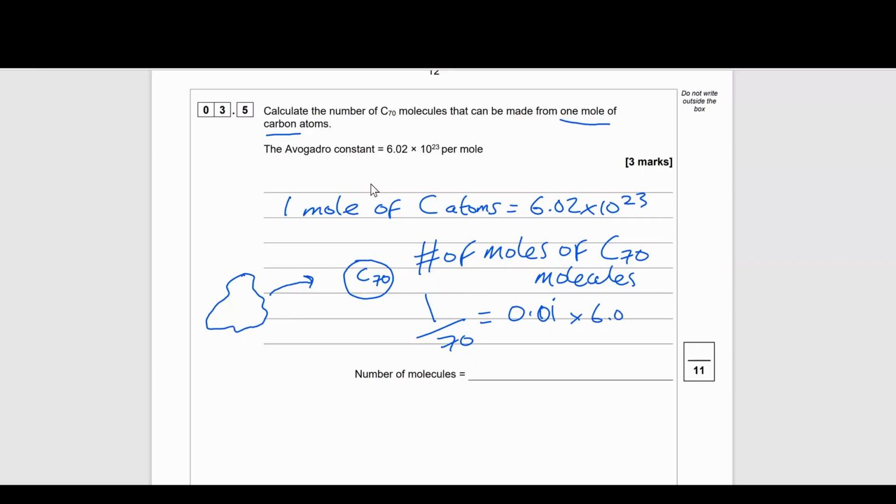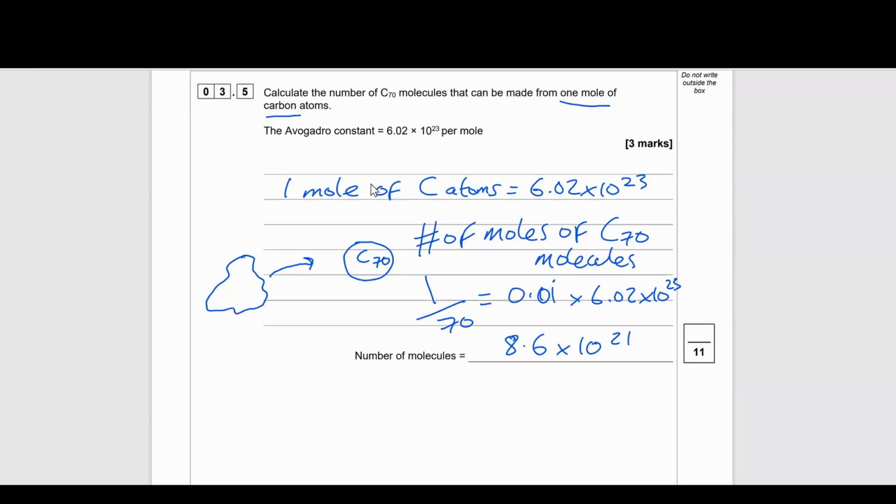So multiply our number of moles by 6.02 times 10 to the power 23, and then we will be able to find out how many molecules we can make from it. So the number has to be less, because we're trying to take some atoms and build them to make this carbon 70. So if you're finding an answer which is greater than 6.02 times 10 to the power 23, it's not correct. So multiplying these two together should come out with 8.6 times 10 to the power of 21.